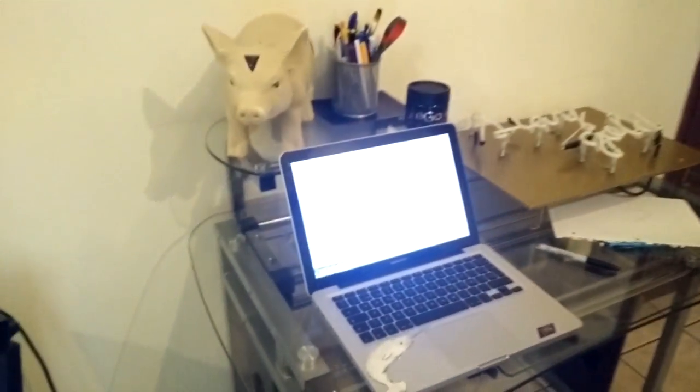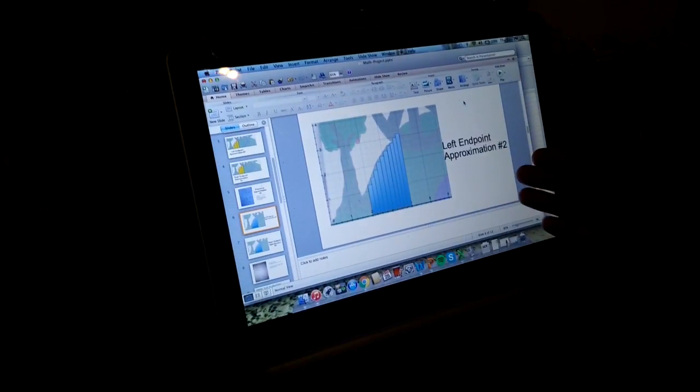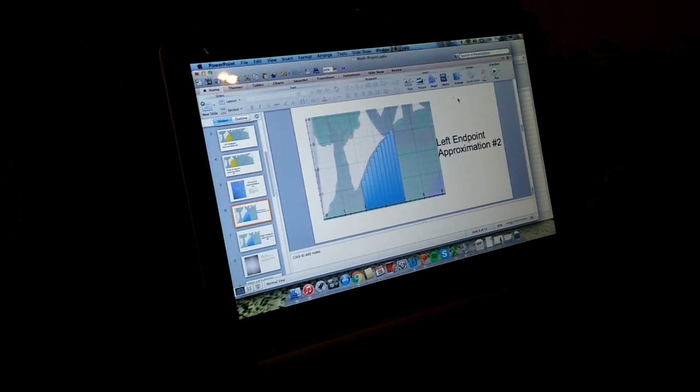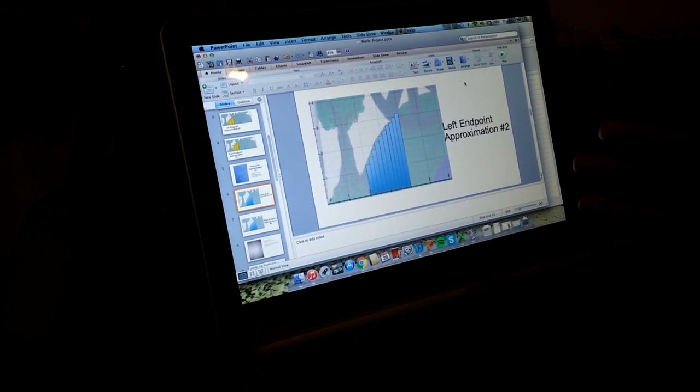Hello, my name is Alejandro Charur, and in this part we're going to show you how we started our process to get our new equation, and what the first part of our solution was. Basically we started using the left endpoint approximation, with the rule of using a minimum of 10 points.